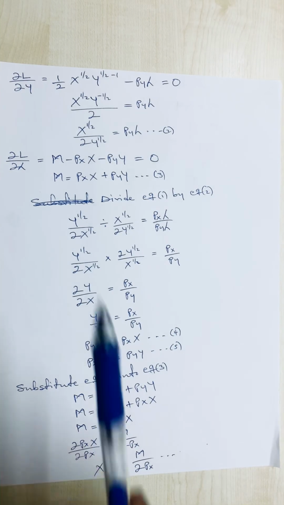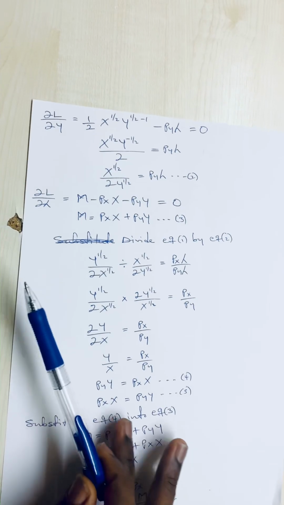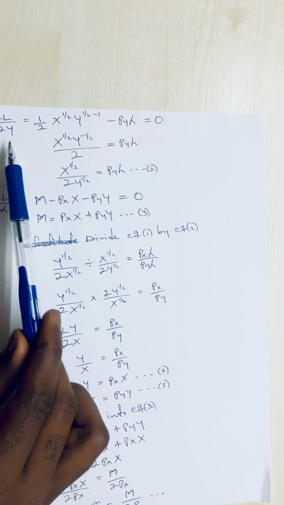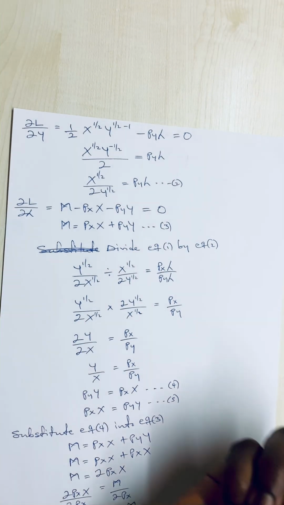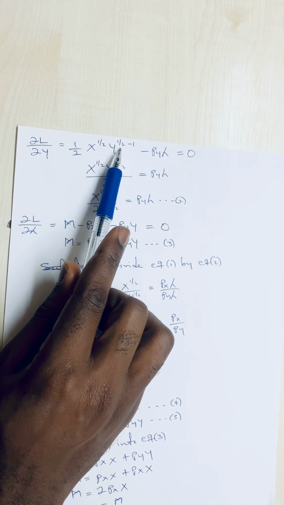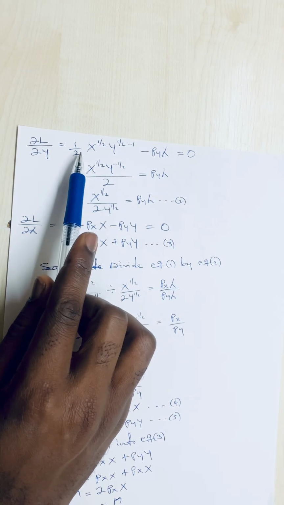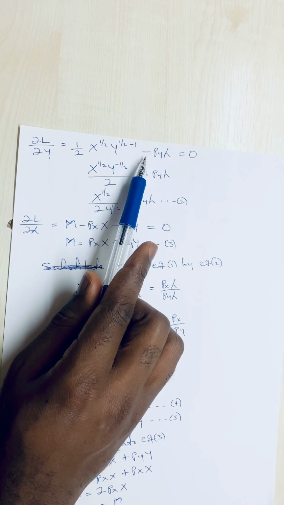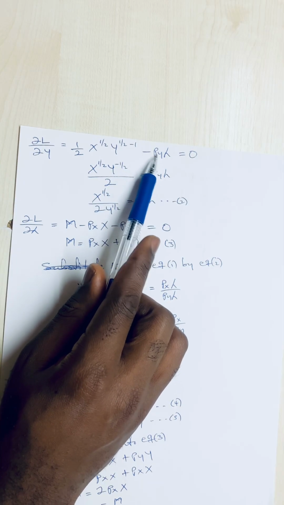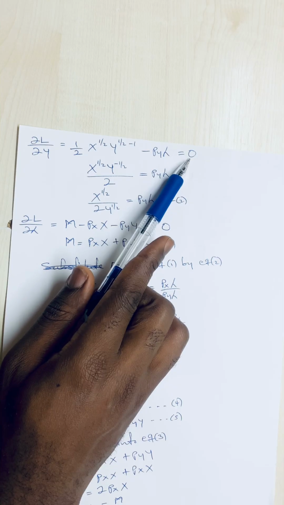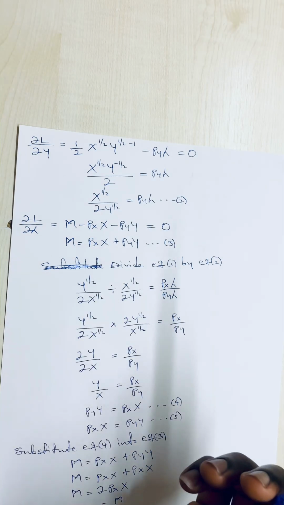The next step is to differentiate L with respect to Y. It's the same. Because the power of Y was half, it comes down as half, x^(1/2), y to the half minus 1, minus PY, which was the coefficient of Y, lambda, all equal to 0.